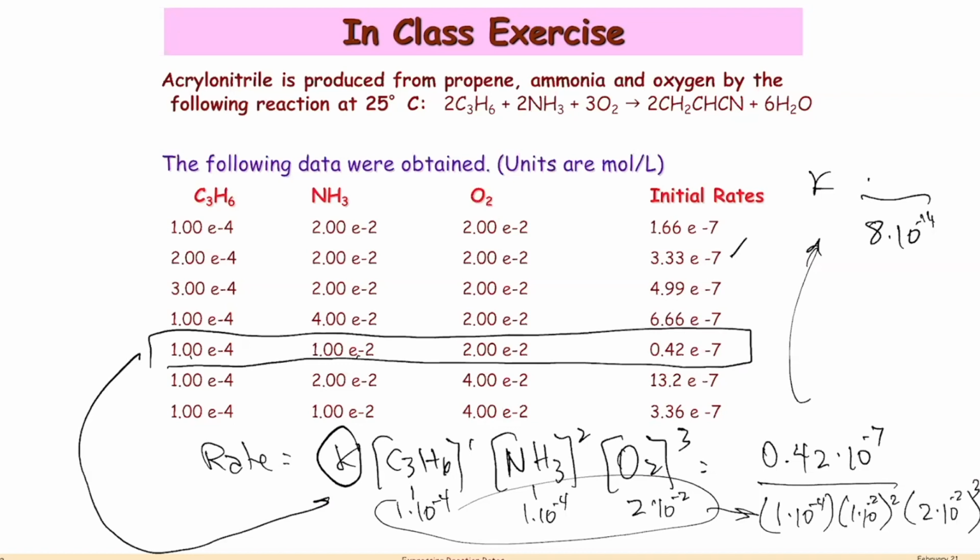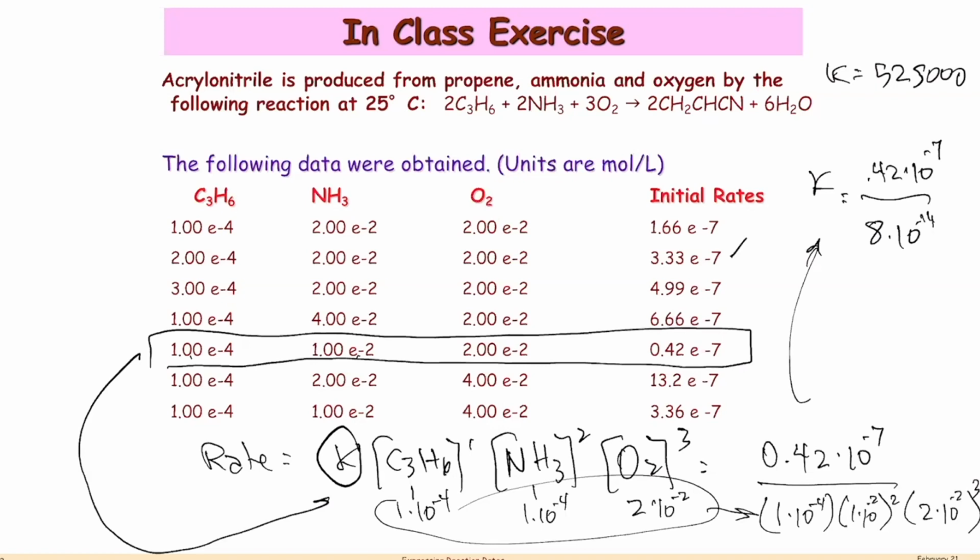And now we have 0.42 times 10 to the minus 7. And I just have to do that math for K. And that comes out to 0.42 times 10 to the minus 7 divided by 8 times 10 to the minus 14. That comes out to 525,000. That's K.